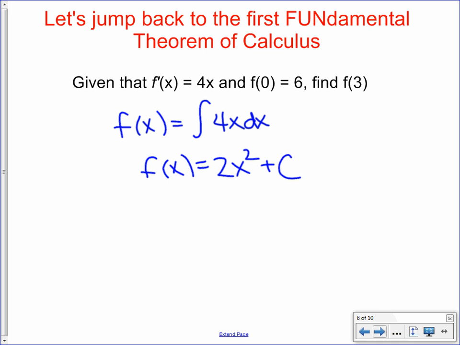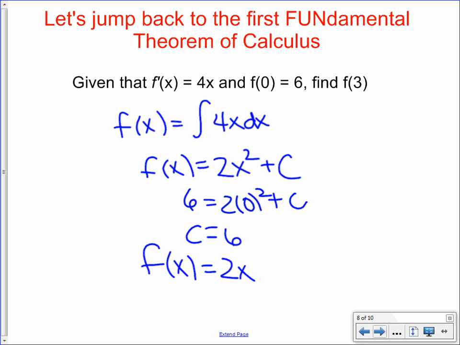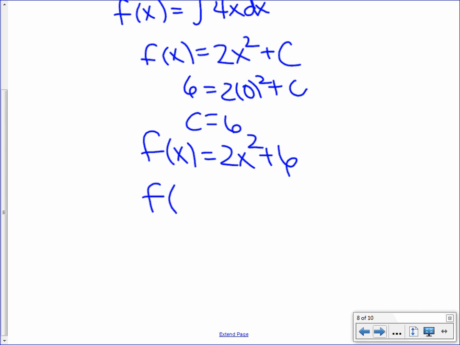Then plug in 0: f of 0 is 6, so c is 6. So our function is 2x squared plus 6. And then we finally plugged in 3.